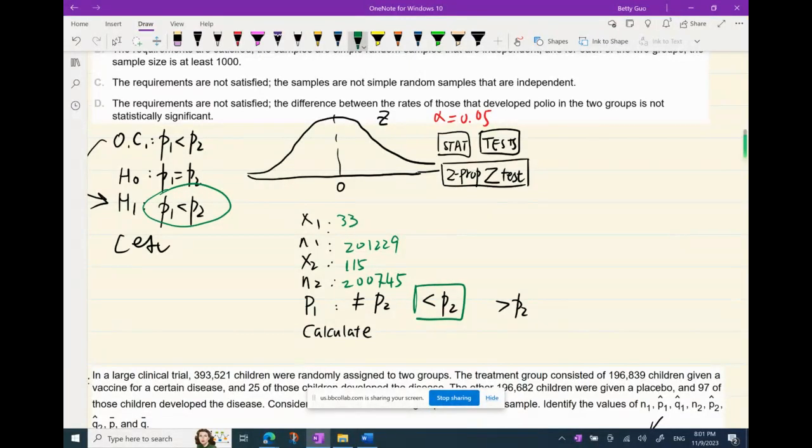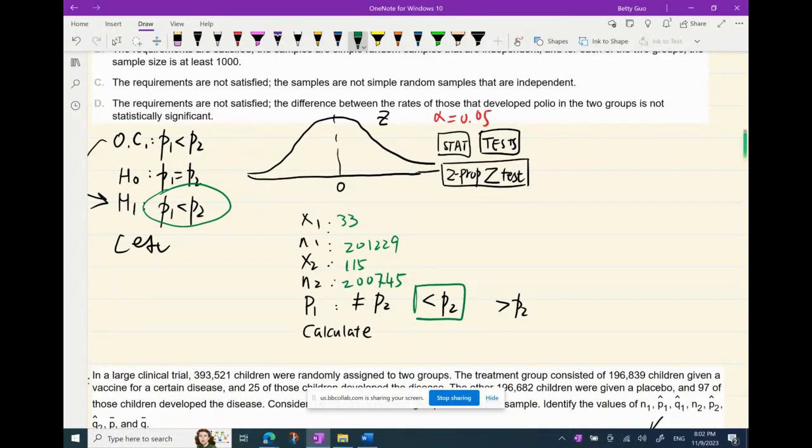I have 33 here, 201,229, and 115 for x sub 2, and 200,745 as n sub 2. I'm going to select the one in the middle because the alternative is P1 less than P2. So the calculator knows this is a left tail test, and then calculate.